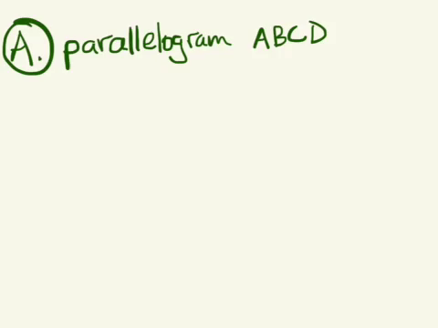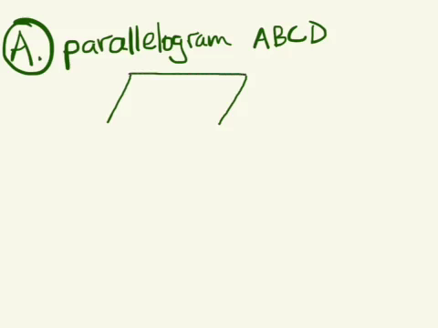Let's say that we've got a parallelogram, and the name of that parallelogram is ABCD. That would mean that the 4 vertices, or vertexes, or corners of the parallelogram would have the points A, B, C, and D. Let's draw that. So if I'm drawing a parallelogram, I think I'm going to start with my opposite sides so that I can get those parallel.